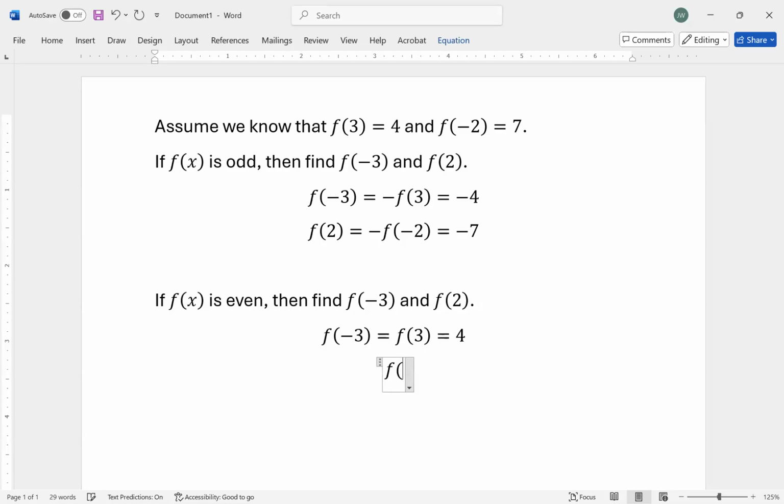Similarly, if I plug in a 2, I get the same thing out as if I plug in a -2 if my function is even. And since I know that f of -2 is 7, I get out a +7 when I plug in a +2.